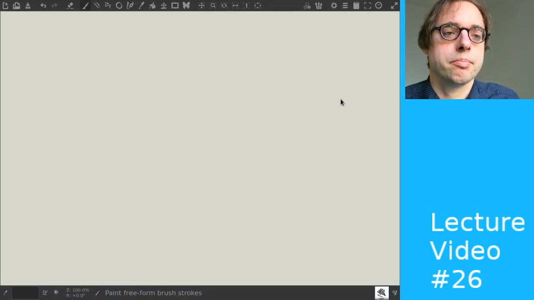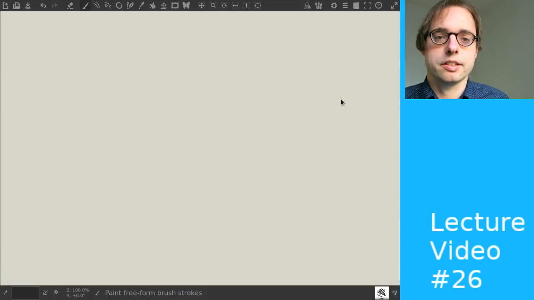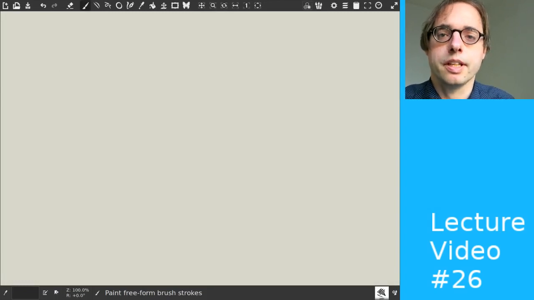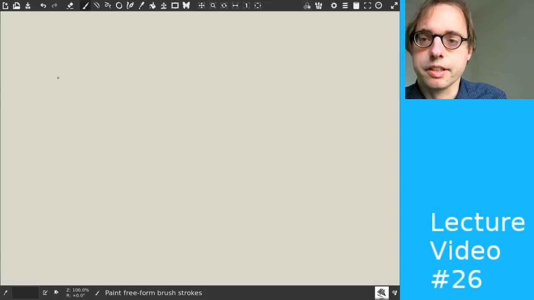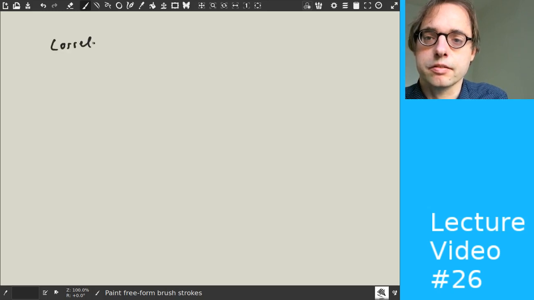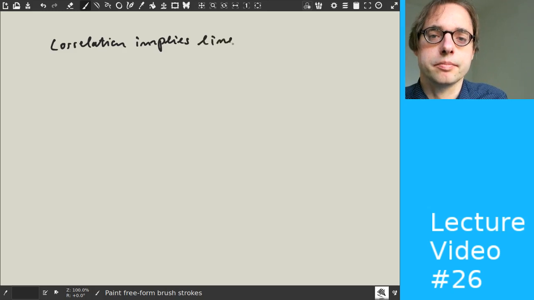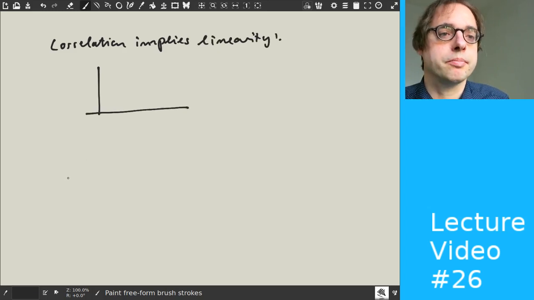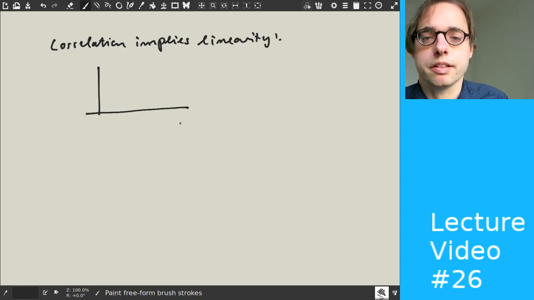Okay, so what is the problem here? Often in reality, when we use correlation, correlation implies linearity and the other way around. If you remember, we have a simple regression setup.